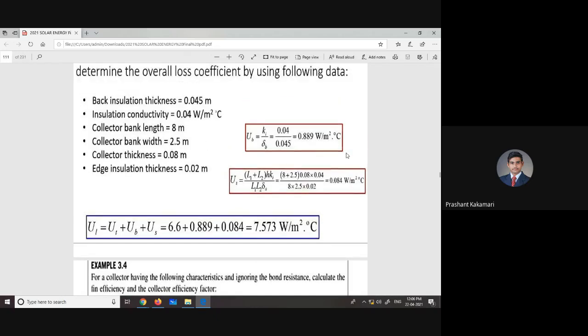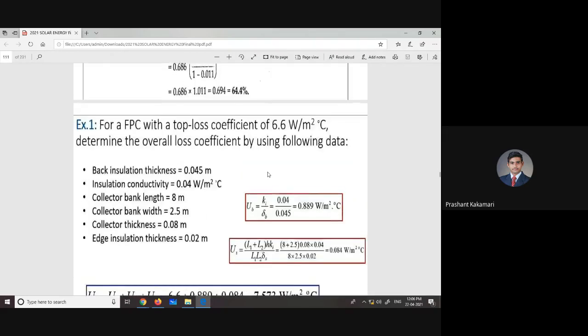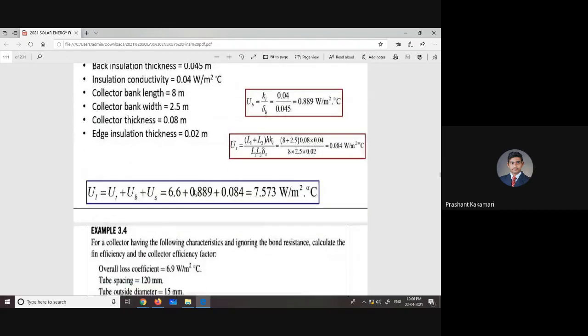Now, as per the question, we know the top losses given in the question, bottom losses we have found out, side losses we have found out. Now we need to find the overall loss coefficient. As I told, it is the sum of all the losses. So just go on adding these values: 6.6 watt per meter square degree centigrade plus 0.889, the bottom heat loss coefficient.